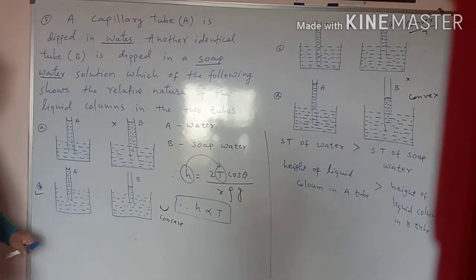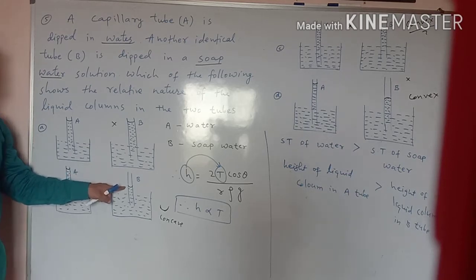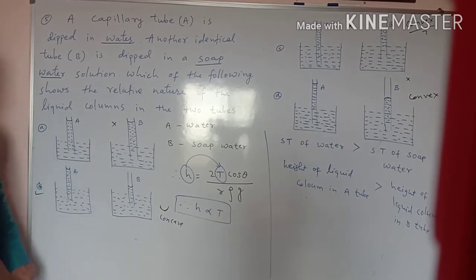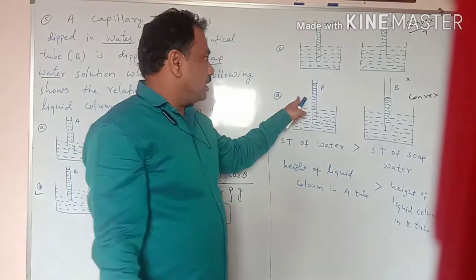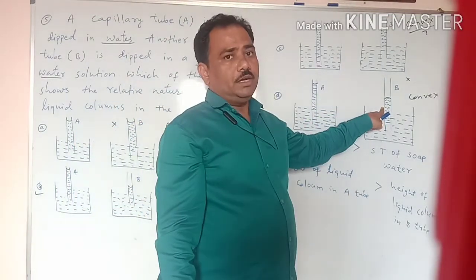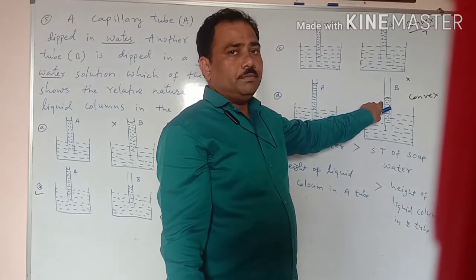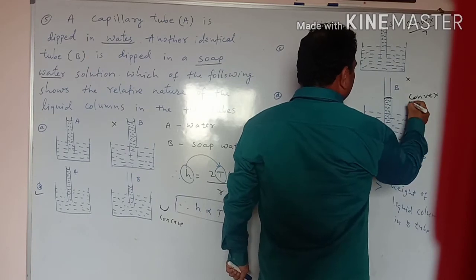Why is the second one correct? Because the height of the liquid column in tube B is less than the height of the liquid column in tube A. And sometimes students decide the last option is correct. Why? Because there also the height in tube B is less. Why is it not correct here? Because the meniscus is convex here, so it is not correct.